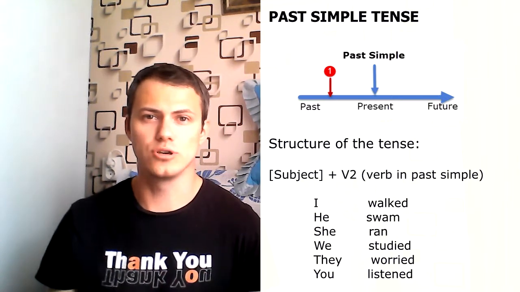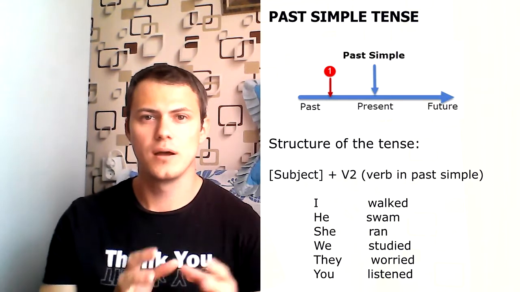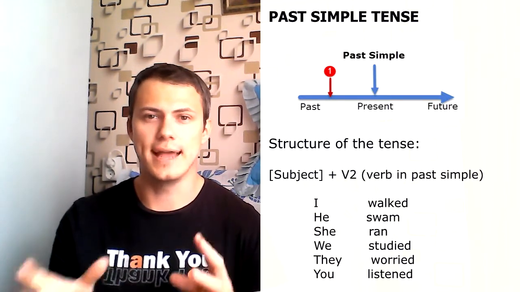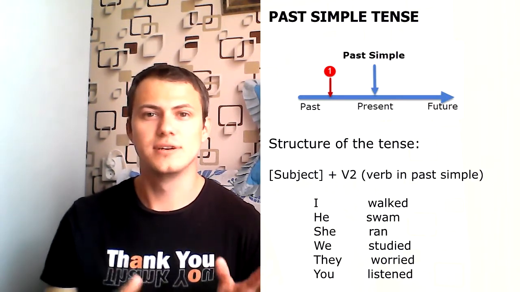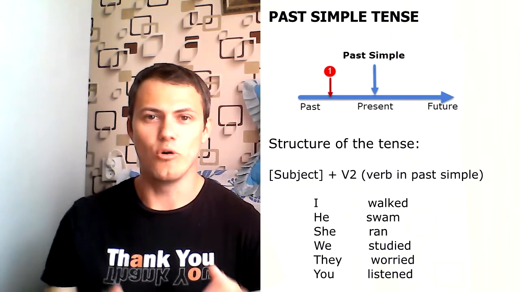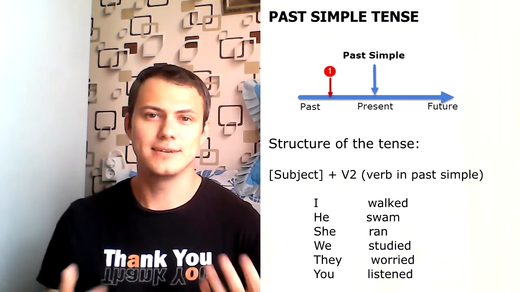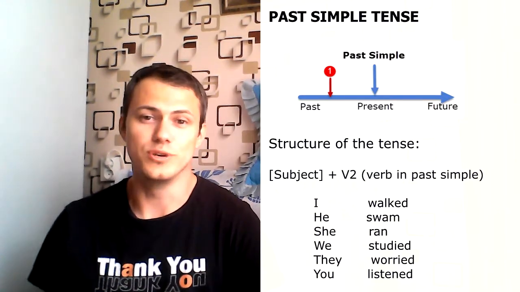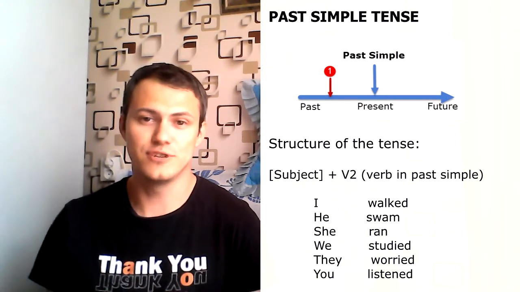And also, regular English verbs might have different endings depending on different spellings of these verbs. And now I'm going to show you how we should use different spelling rules for different English verbs.